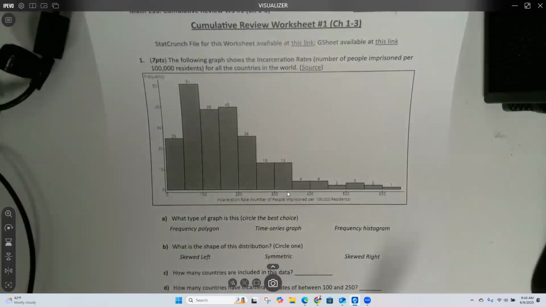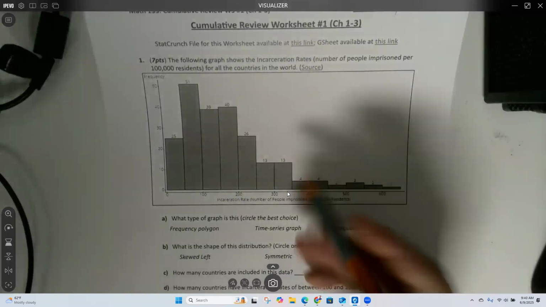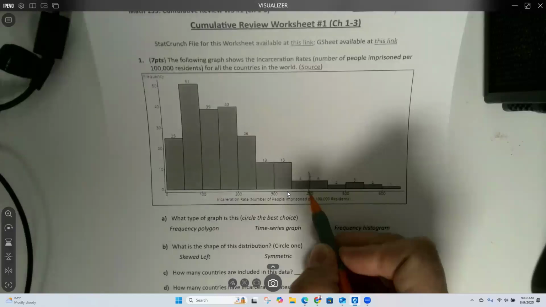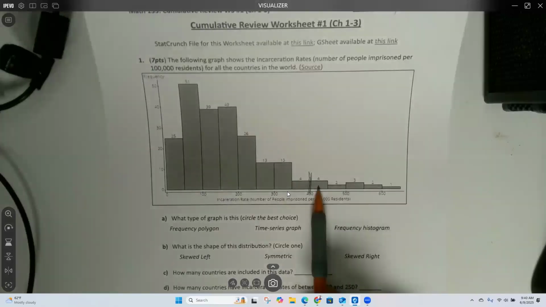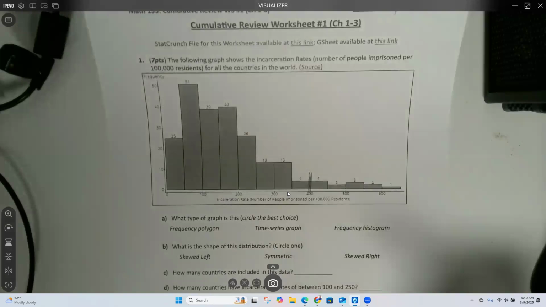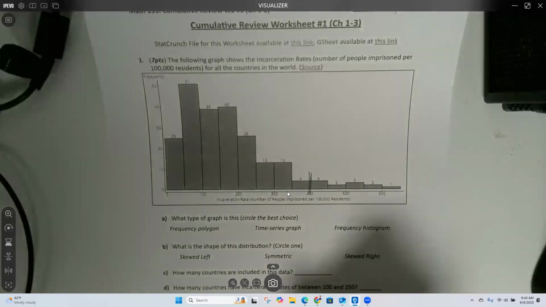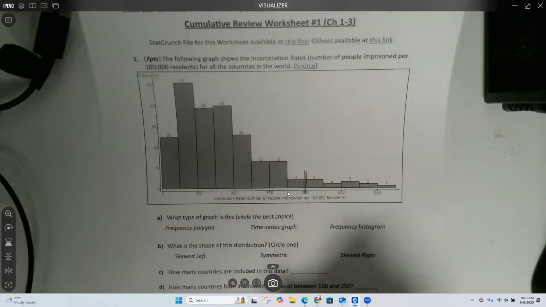So in this case, what's the probability of a country having an incarceration rate of 400 or more? So here's 400 right here. Or more, we would just add these numbers up. So your numerator is going to be 400 or more, and you'll do the sum of that.